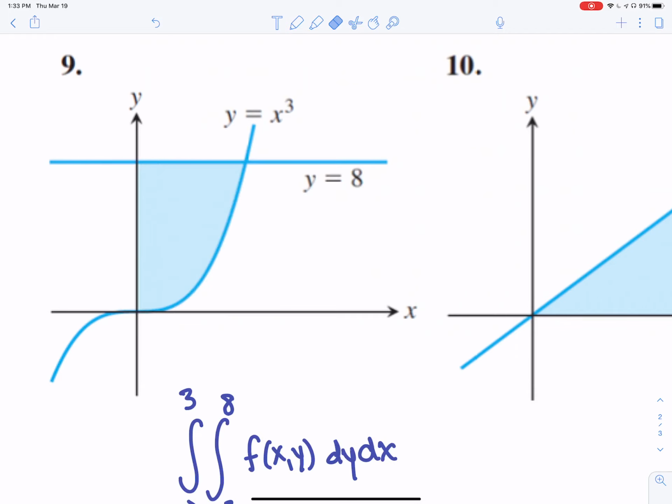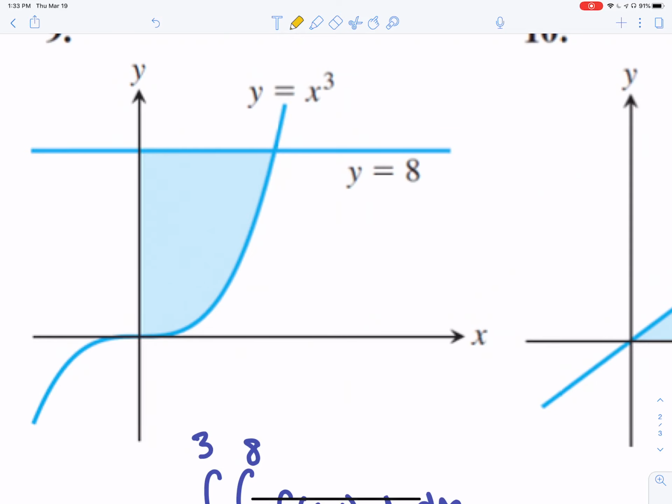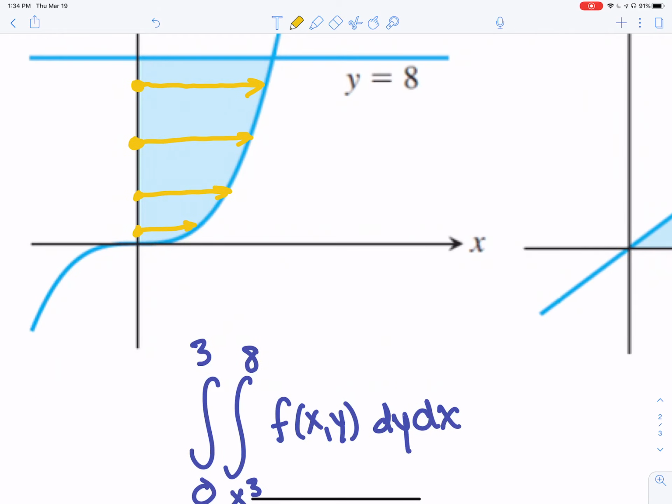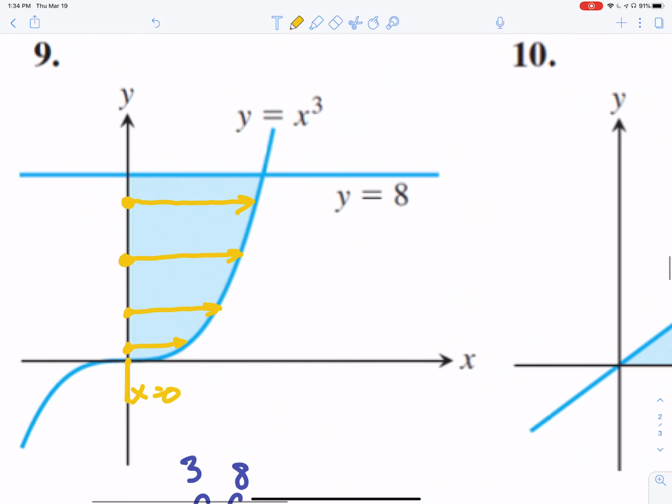So look, if we're going in the x direction first, we're starting here, and we're first going across the x direction. So it looks like across the entire domain of the region, we start at x equals 0, right? So here's x equals 0, and we're going to this curve.